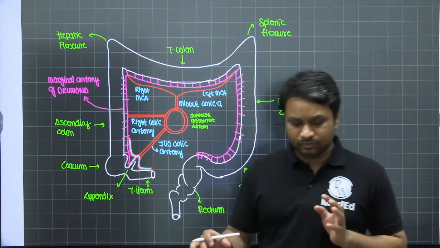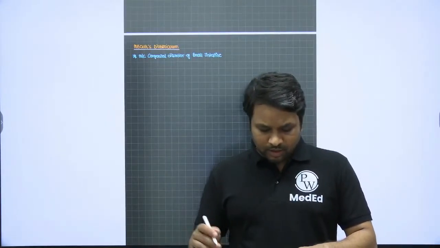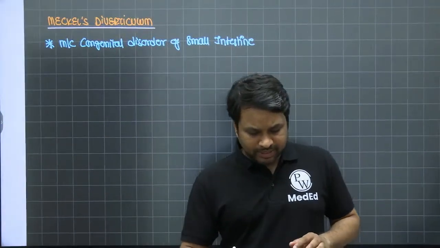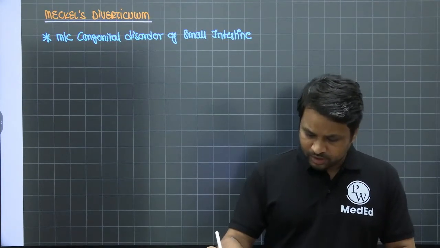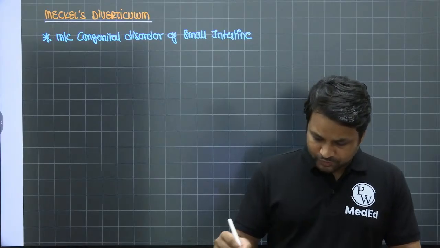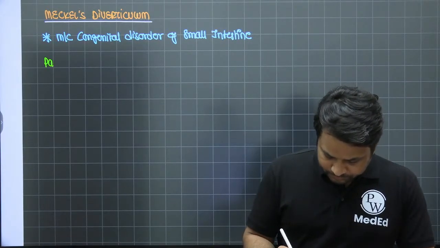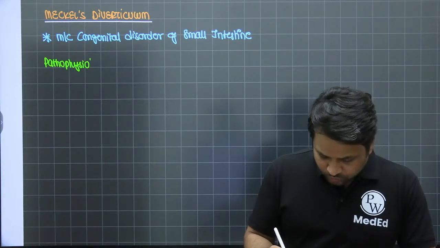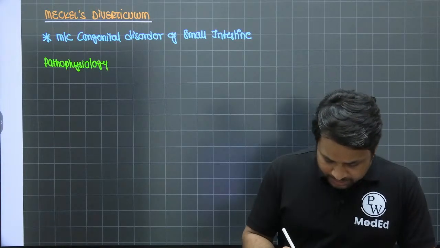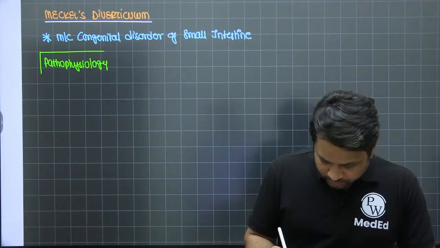Got it? So now going back to our Meckel's diverticulum, as I told you, it is the most common congenital disorder of the small intestine. What is the pathophysiology behind the development of the Meckel's diverticulum?